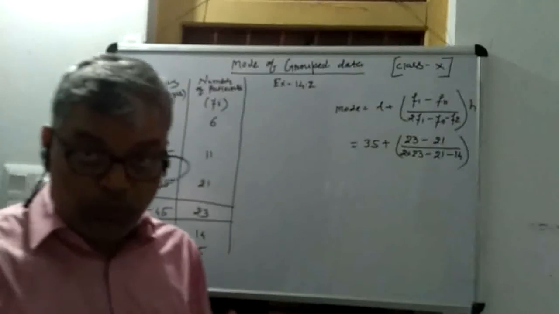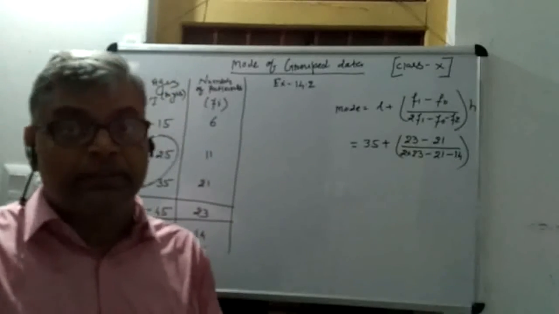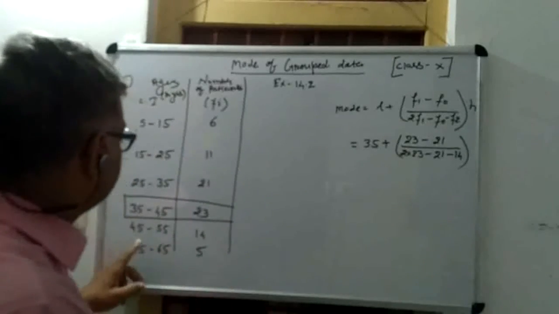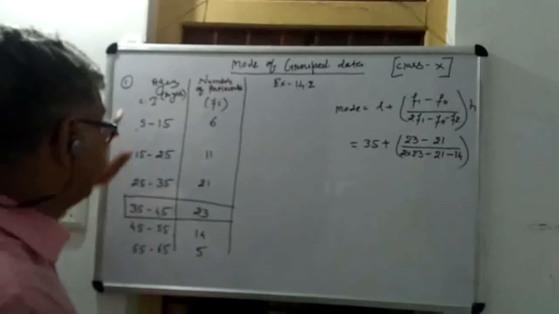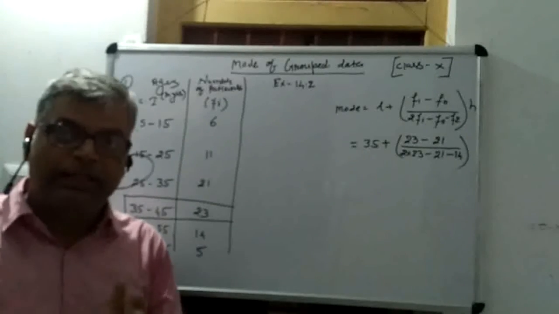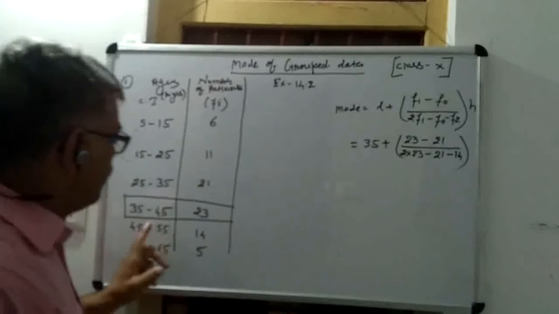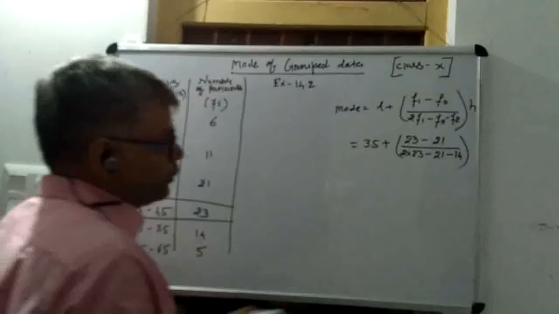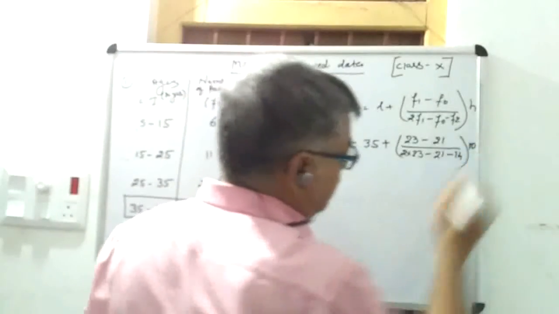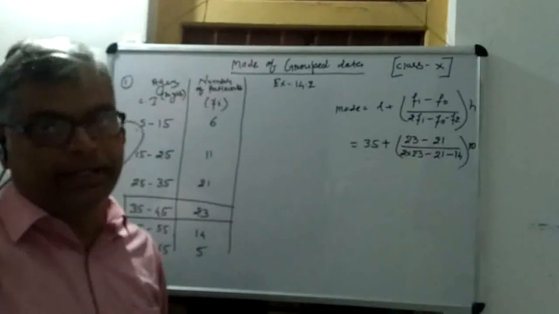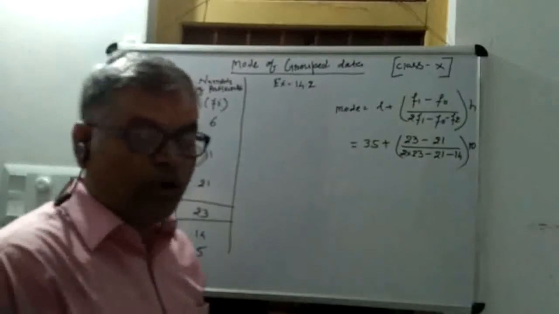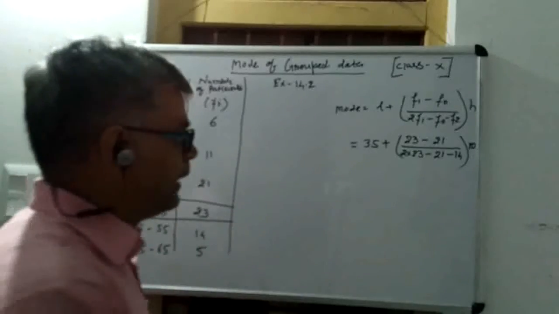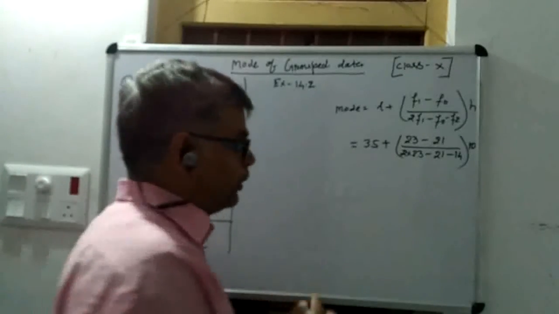To get it, subtract the lower limit from the upper limit. The class size must be equal in each class. When you subtract 45 minus 35, you get 10. So put H as 10. Now we have the value of all things, so we just have to simplify it. Then we will get the mode.